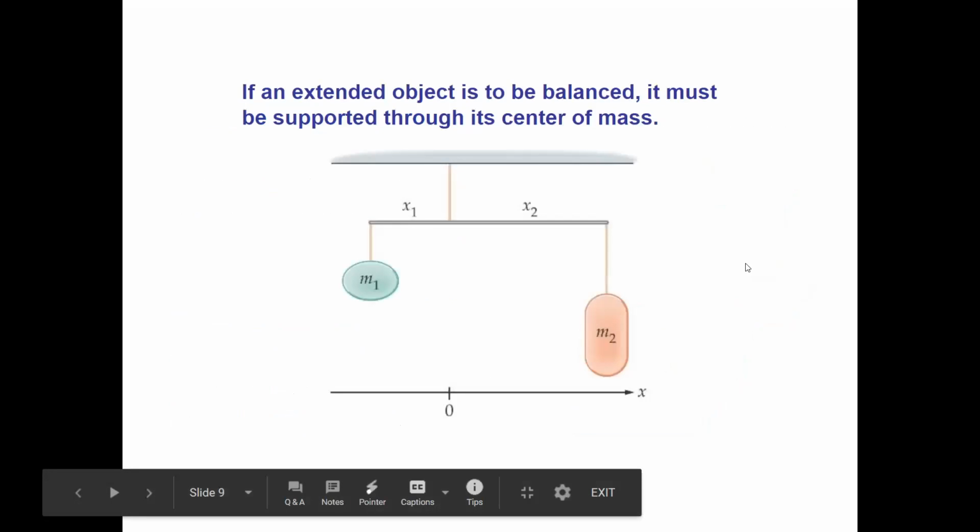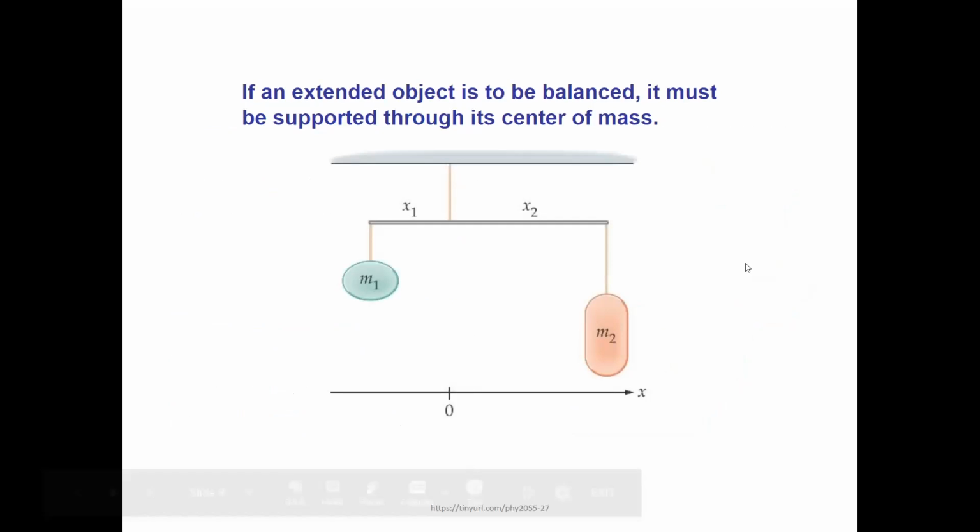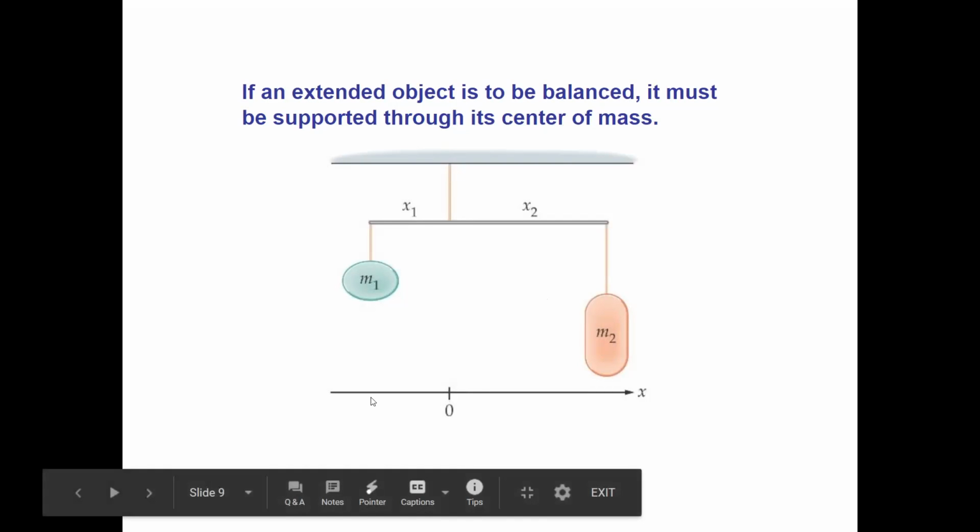Let's take a look in detail at the quantitative analysis of the system. If you have two masses here, the balance beam is light, and the strings are light as well. So you have a system made of two parts, M1 and M2. Where would be the center of mass of the system? Take an origin for your system, like the x direction over here.